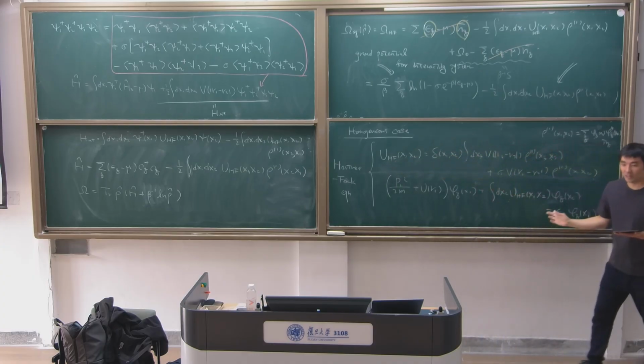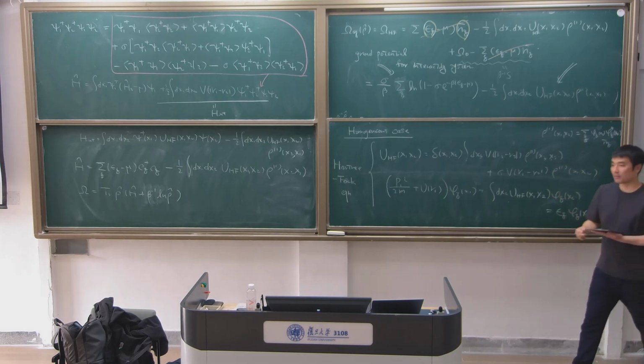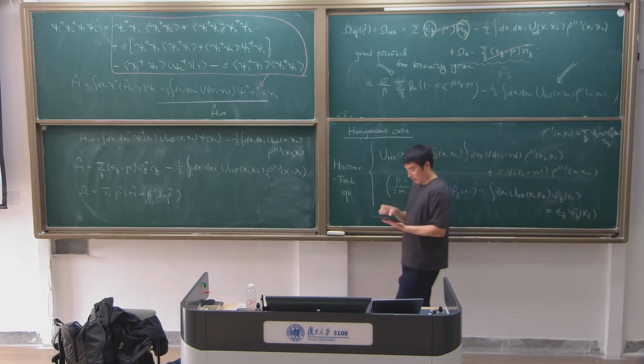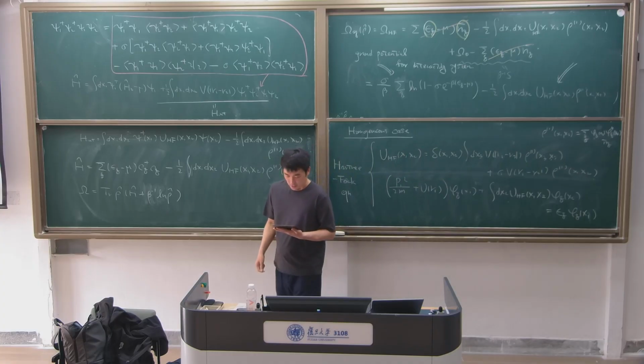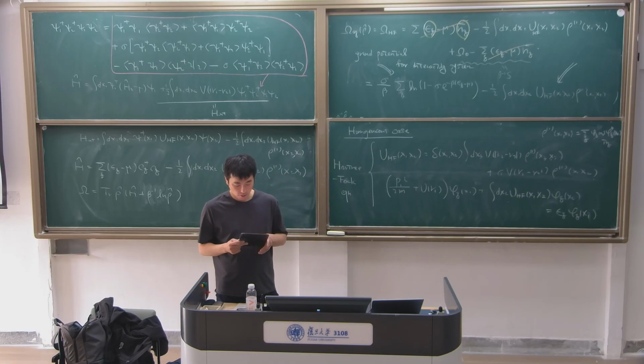And plug that into here again, solve phi q, and then you get a more precise version of phi q. This is called a self-consistency equation. You can solve the self-consistency.